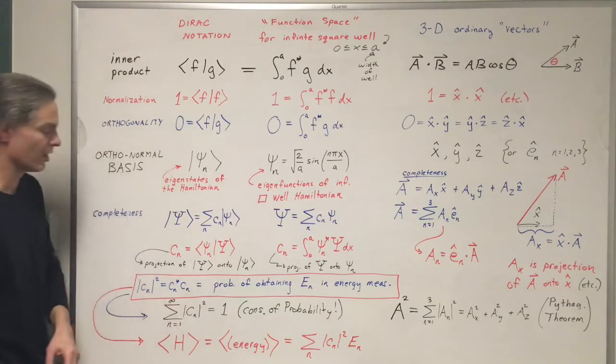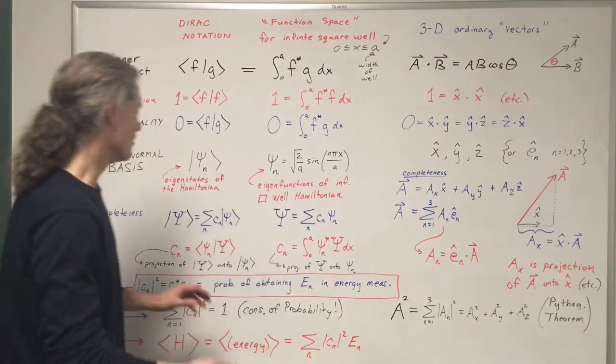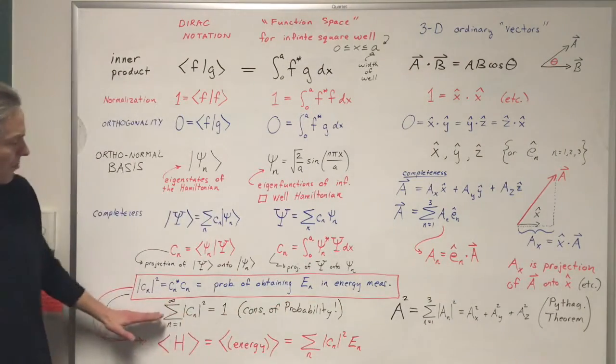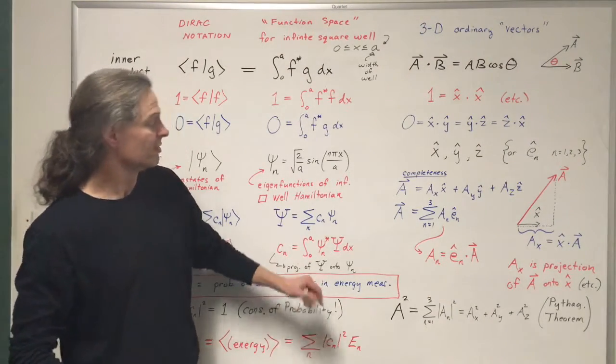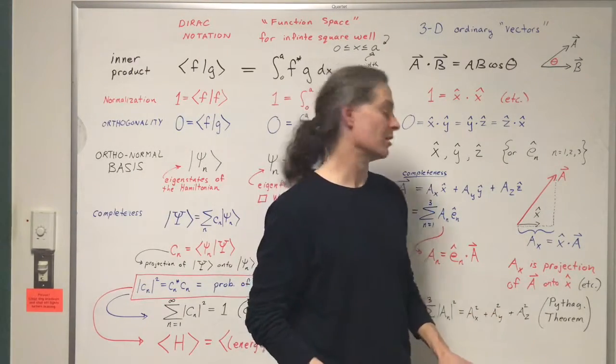Add them all up, here you get 1, and here you get the magnitude of A. But there is an analogy. In quantum mechanical problems, we have conservation of probability. In three-dimensional vector space, we have the Pythagorean theorem.